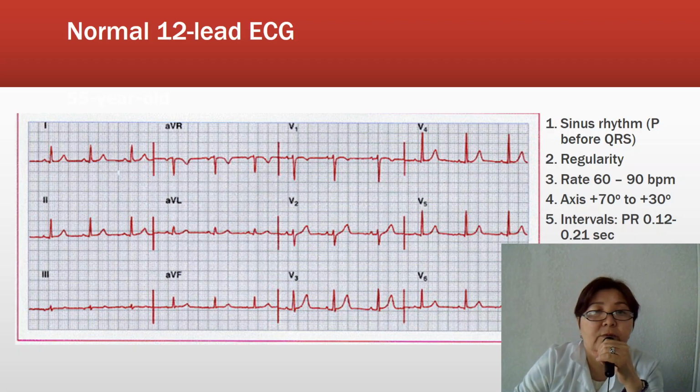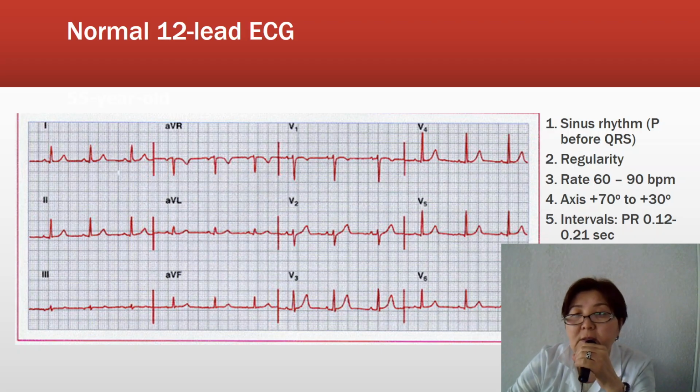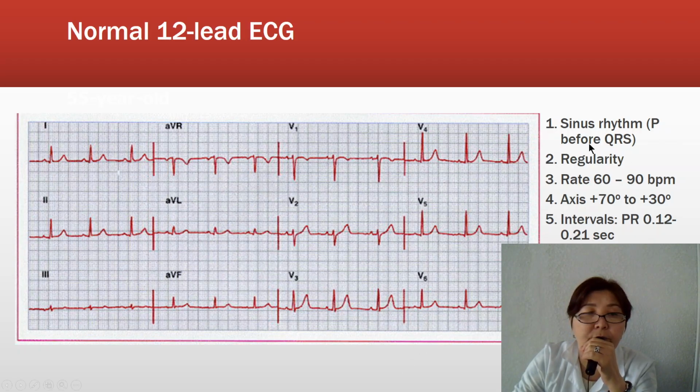Normal 12-lead ECG is characterized by sinus rhythm, which means the P wave is before the QRS. Regularity, rate is 60 to 90 beats per minute. Axis from minus 30 degrees to plus 70 degrees.